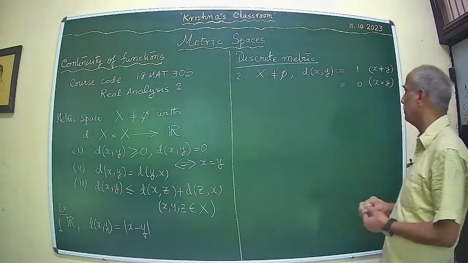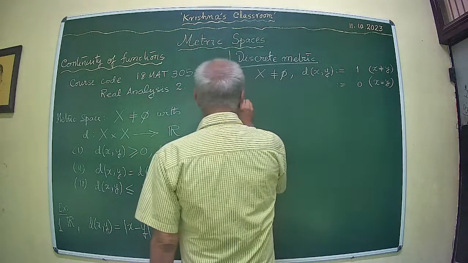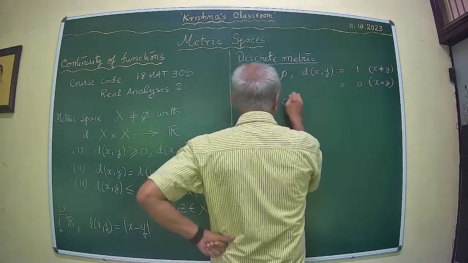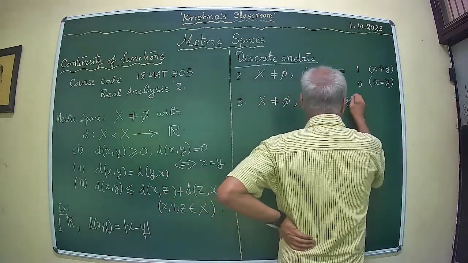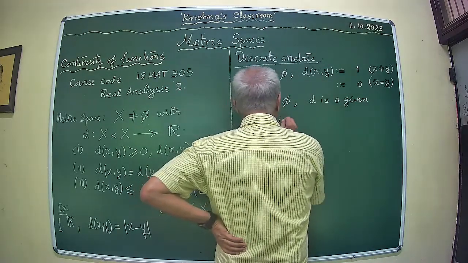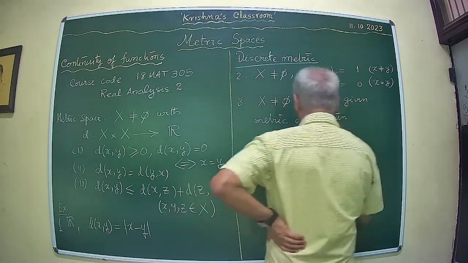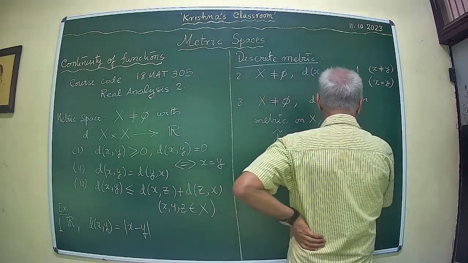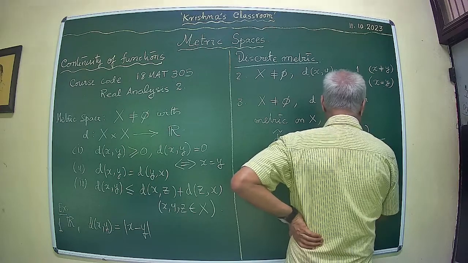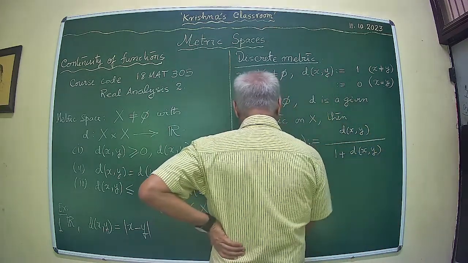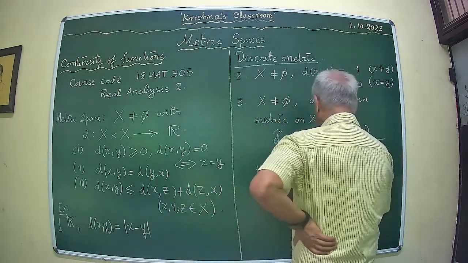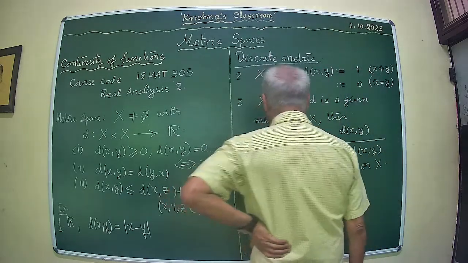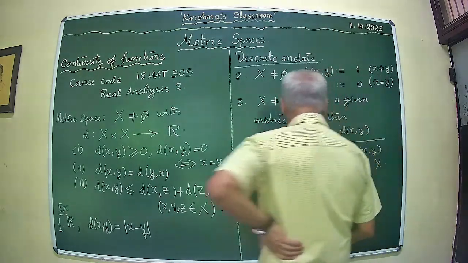Now there are several metrics that you can have. So for instance, this needs some work, of course: if X is a non-empty set and d is a metric on X, then d tilde, defined as follows for every x,y, is a metric on X. What is significant is that it's a bounded metric.